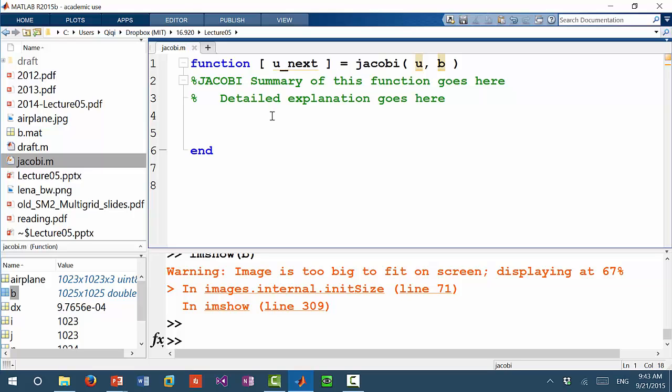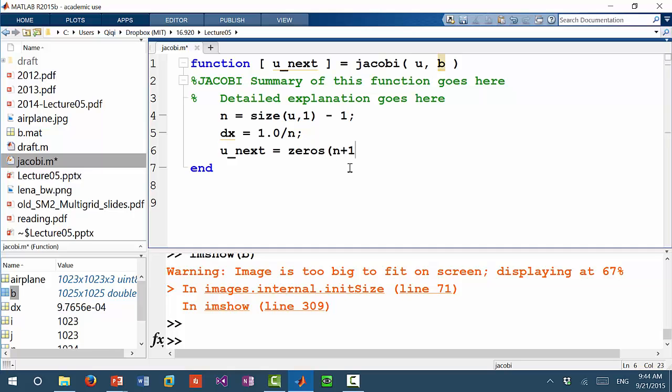First I get the dimension of u: n is equal to the size of the first dimension of u minus 1. Both dimensions of u are 1025, so n is equal to 1024. I compute dx equal to 1. divided by n; I put the decimal point to make sure the division is floating point. Then I make u next equal to zeros of n plus 1.